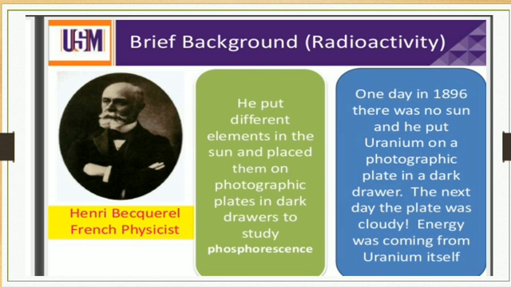One day in 1896 there was no sun, and he put uranium on a photographic plate in the dark drawer. The next day the plate was cloudy. So energy was coming from the uranium itself.